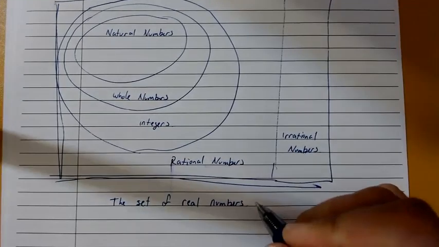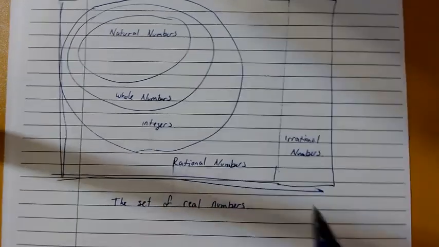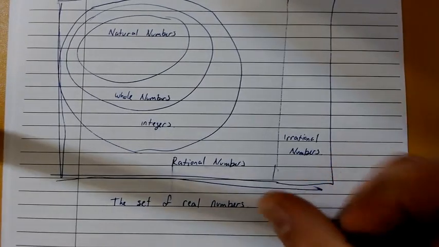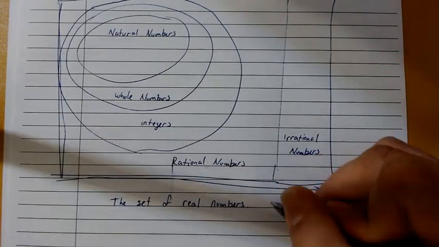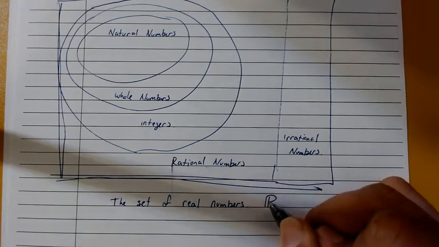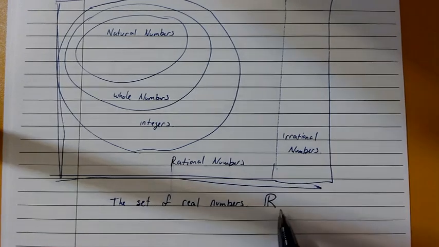And we have a symbol for that. Instead of writing out the entire phrase, the set of real numbers, the symbol is the letter R, with sort of a double stick, sort of a double back here. This is read as the real numbers.